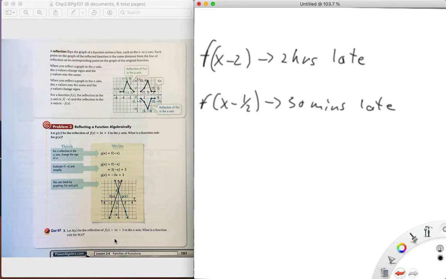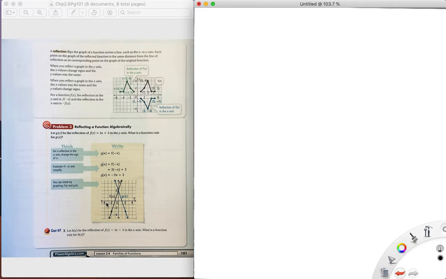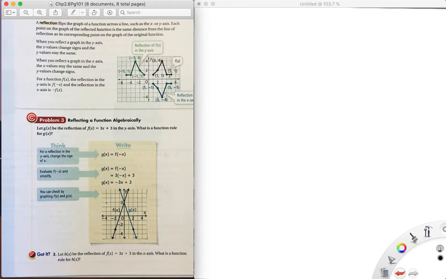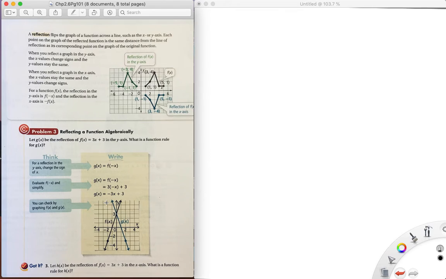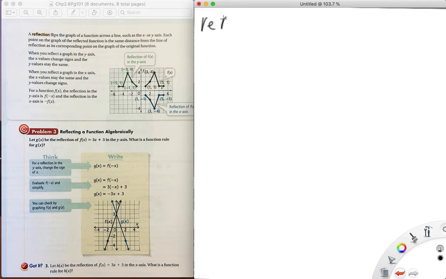A reflection. When we talk about a reflection, it flips the graph across either the y-axis or the x-axis.